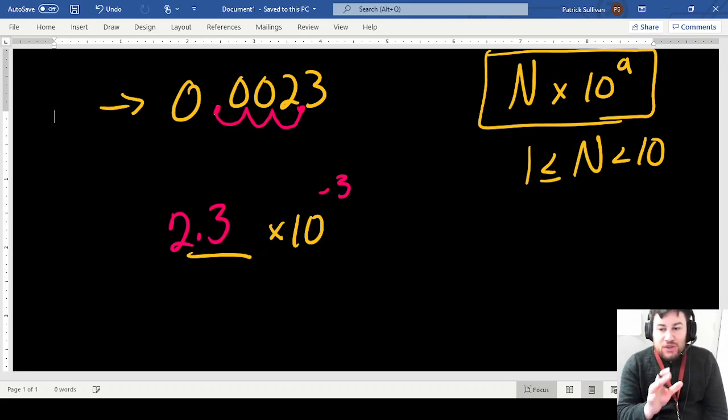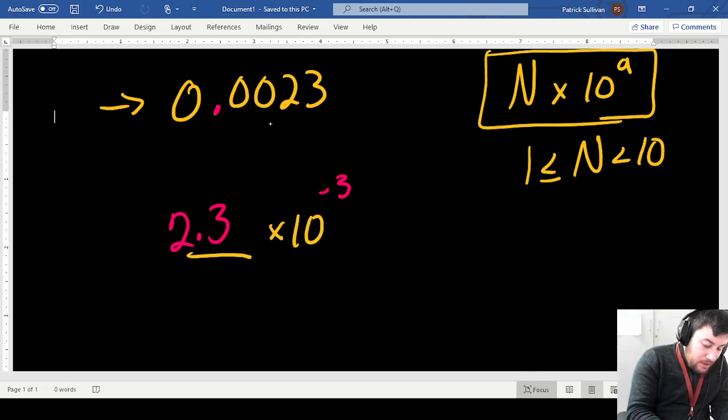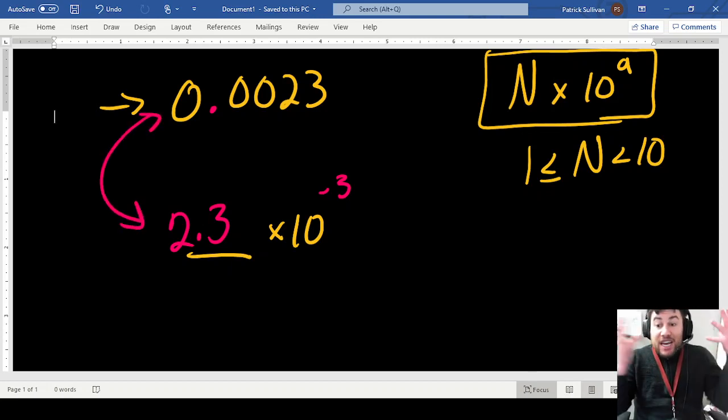There are a couple different ways you can think about this conceptually, but the way that I like to do it is thinking about this original number right here, 0.0023. When I rewrite it in scientific notation, both of these need to be equivalent. You're not changing the value of the number, you're just expressing it differently.